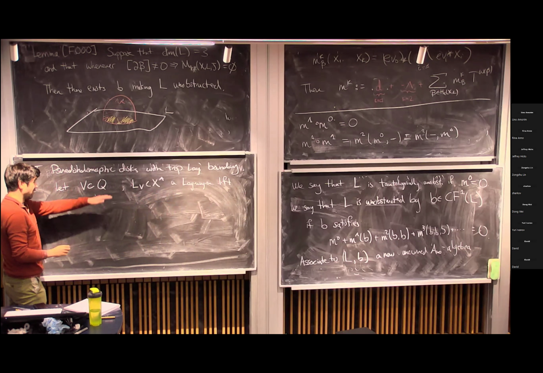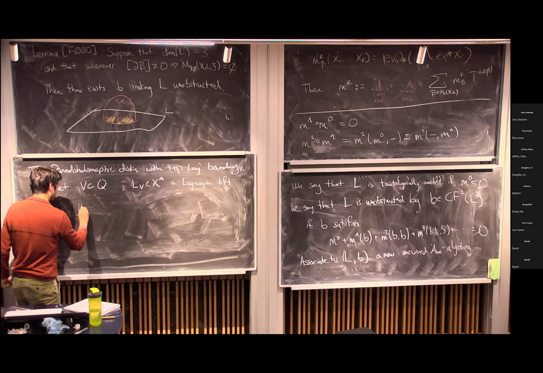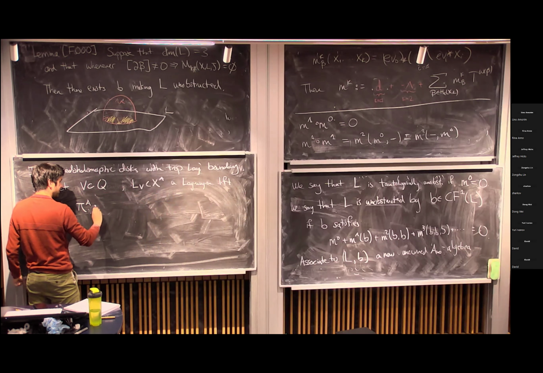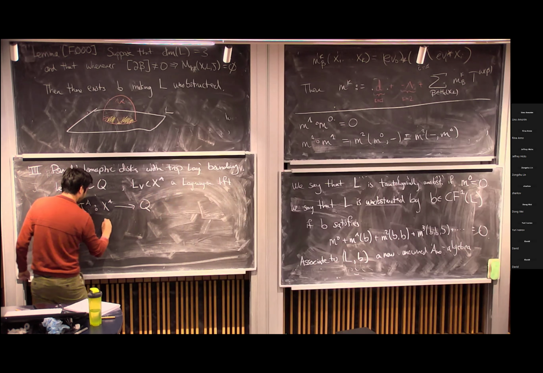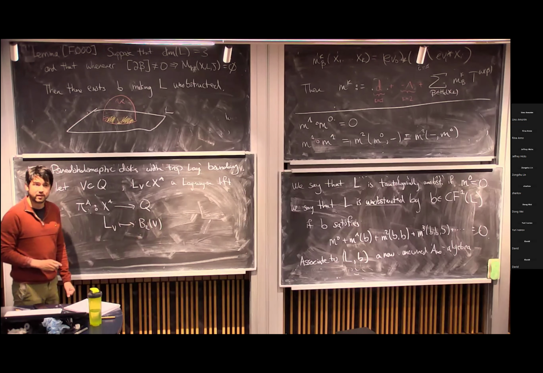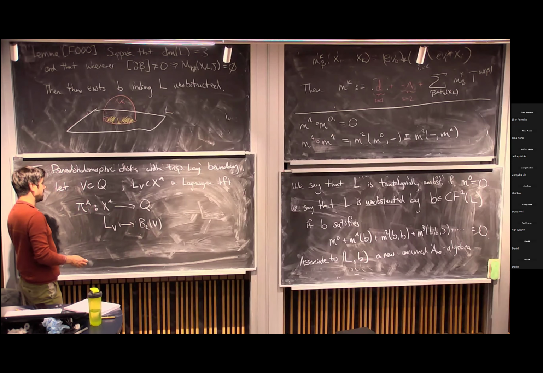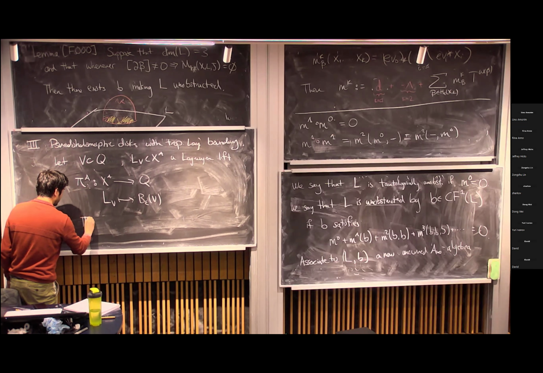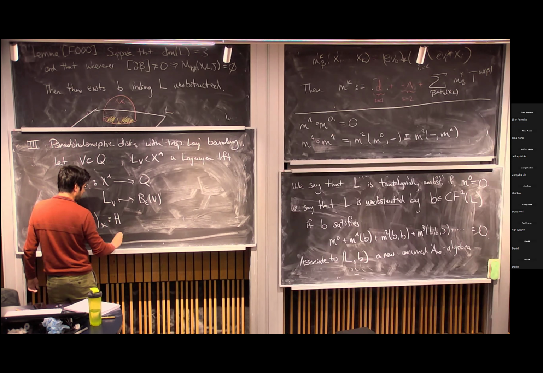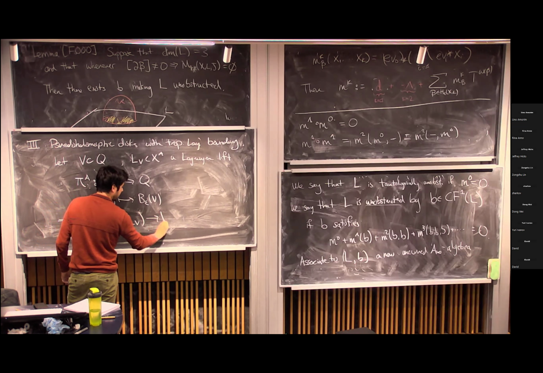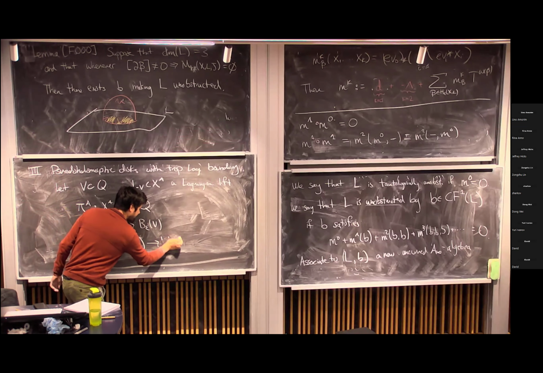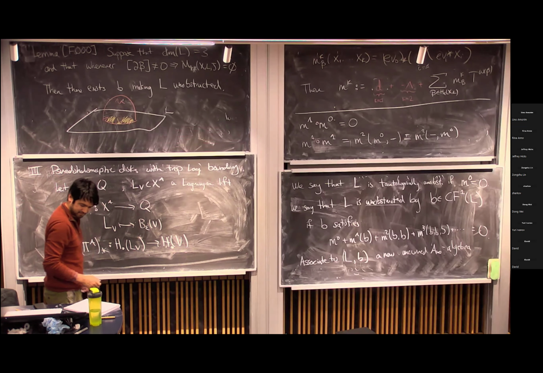Now, recall that I said that L_V had to have a projection, pi_A, from X_A to Q, which sends L_V to a very small neighborhood of V. But a very small neighborhood of V is homotopic to V. And so I get an induced map, where I'm going to abuse notation and call it pi_A star, from the homology of L_V to the homology of V.